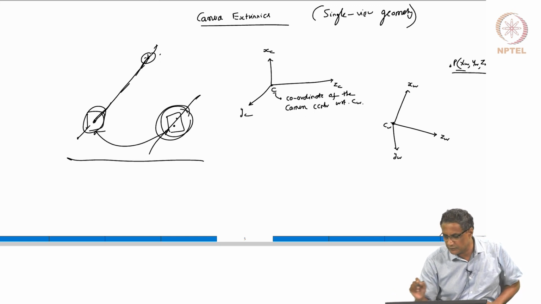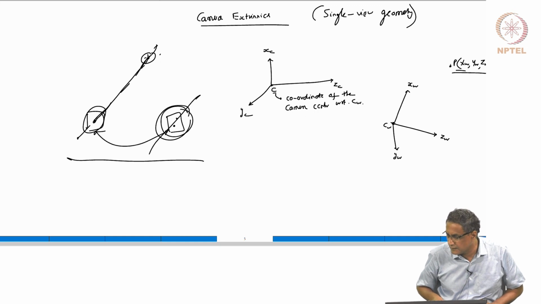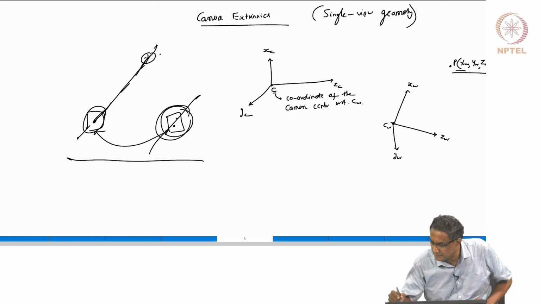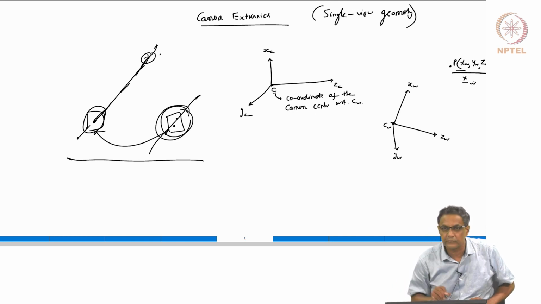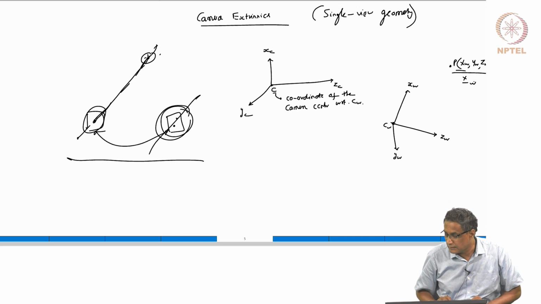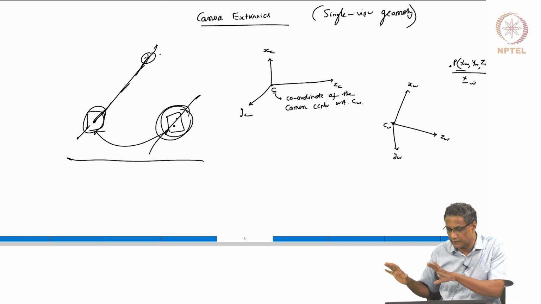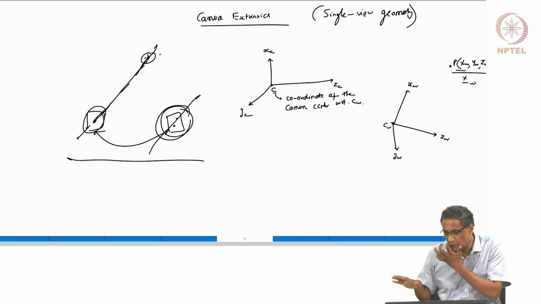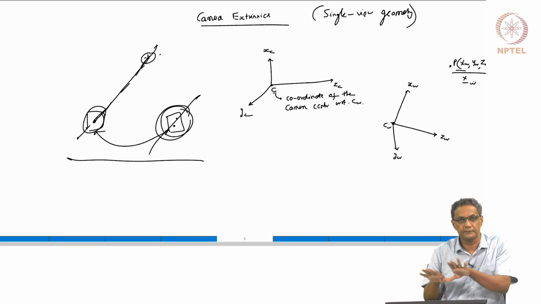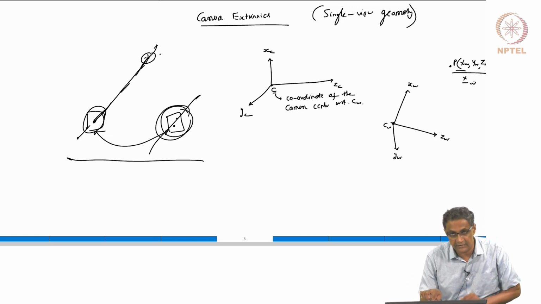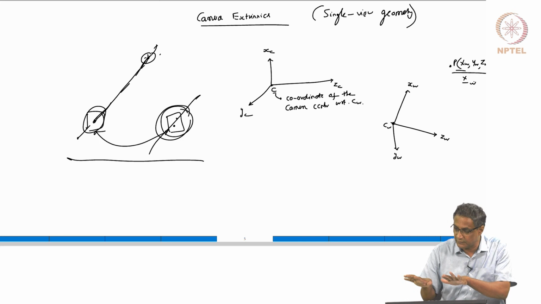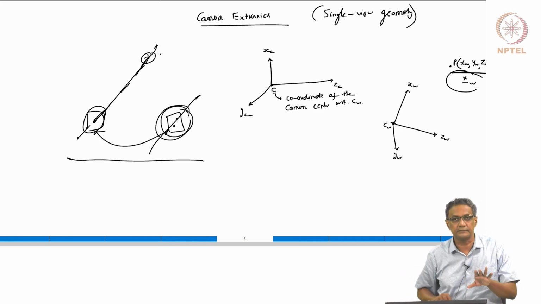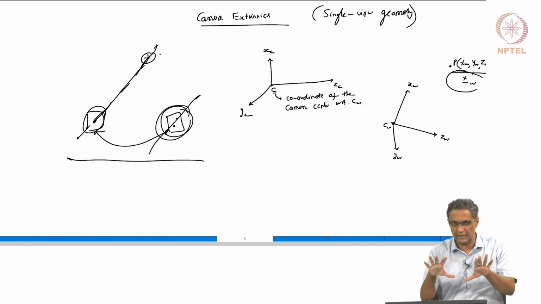One way to think about it is, if you call this xw vector, that is xw, yw, zw, then you account for the translation that exists between the two, in the sense that you can do xw minus c bar, because this guy is at c bar, it is not at CW. But that by itself will not solve the problem.